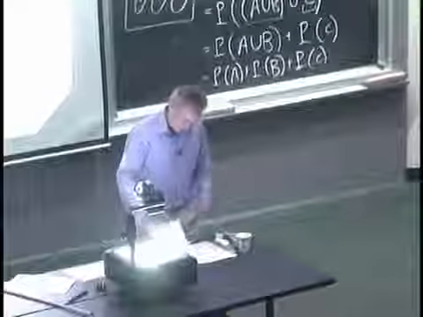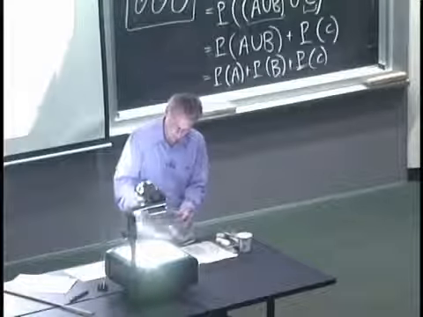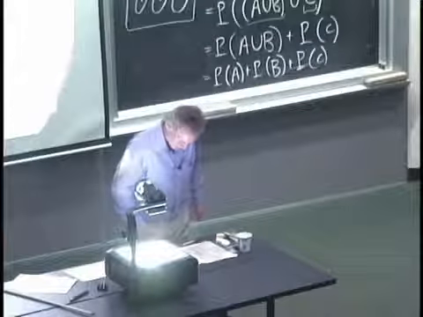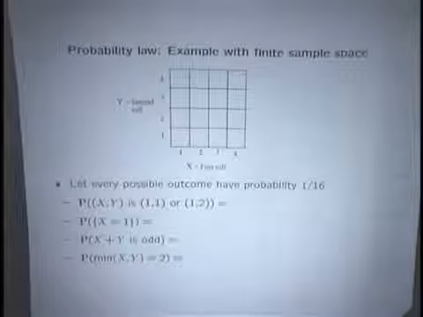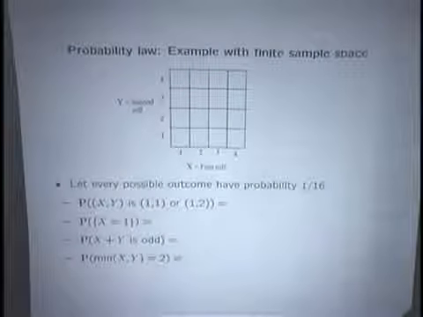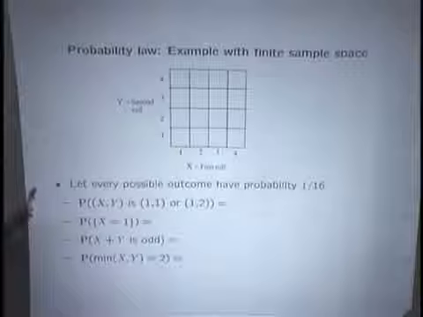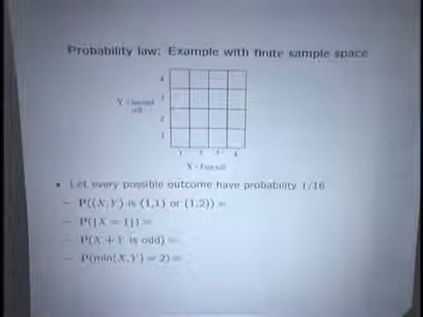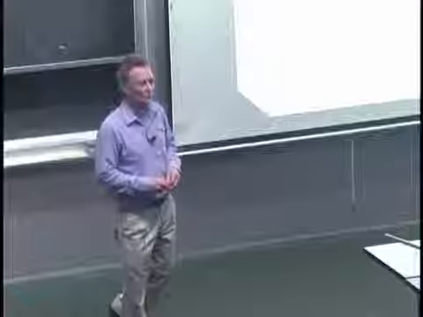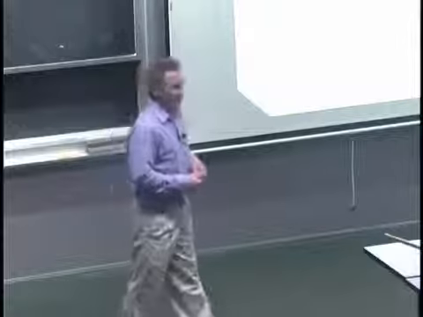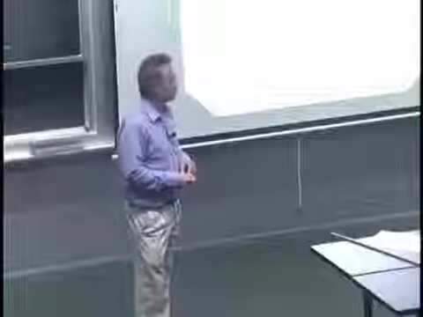Okay, so now let's revisit our examples. Let's go back to the die example. We have our sample space. Now we need to assign a probability law. There's lots of possible probability laws that you can assign. I'm picking one here arbitrarily, in which I say that every possible outcome has the same probability of 1/16. Okay, why do I make this model?